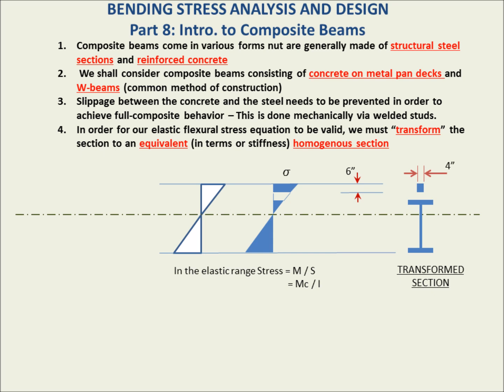And with these parameters, we can then define the stresses at the top of the steel or the bottom of the concrete or the top of the concrete. If we find the stresses in the equivalent steel section, we would need to divide those by 9 in order to reduce them to the equivalent amount of stress that will be on the concrete.